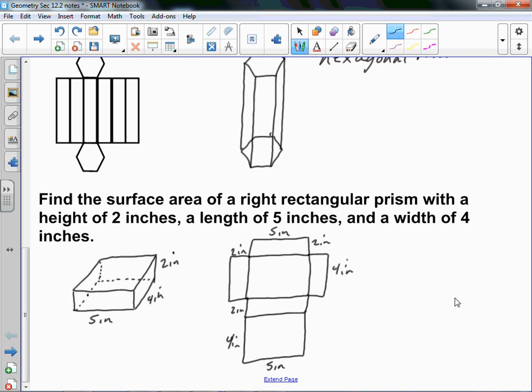So area of a rectangle, length times width, or base times height, depending on which text you're looking at. So here we have 5 times 2, it'll be 10 inches squared. This one is 5 times 4, 20 inches squared.